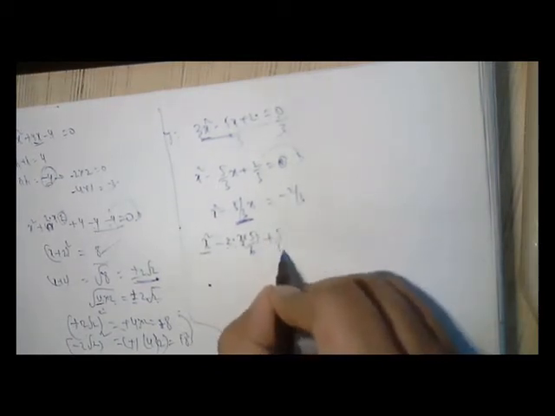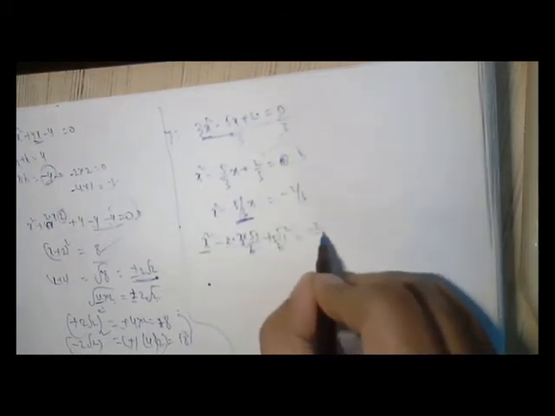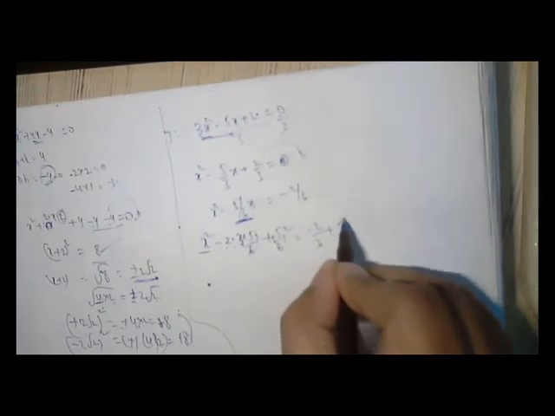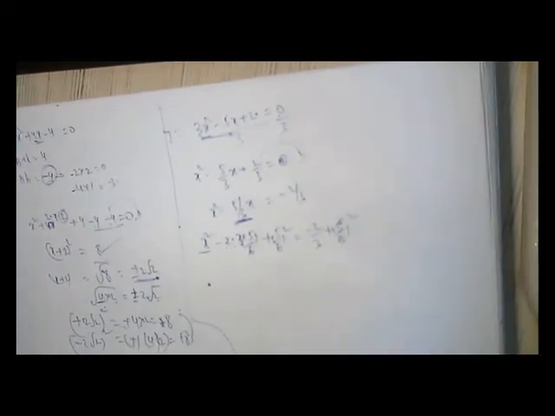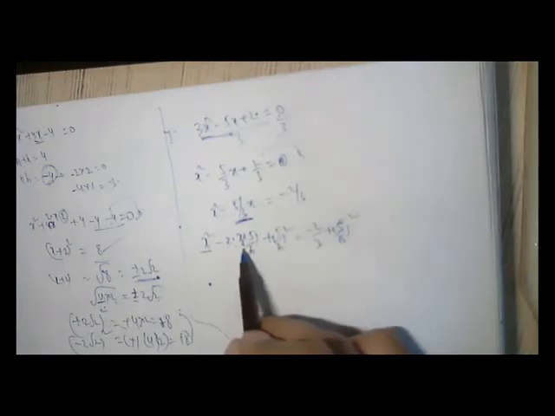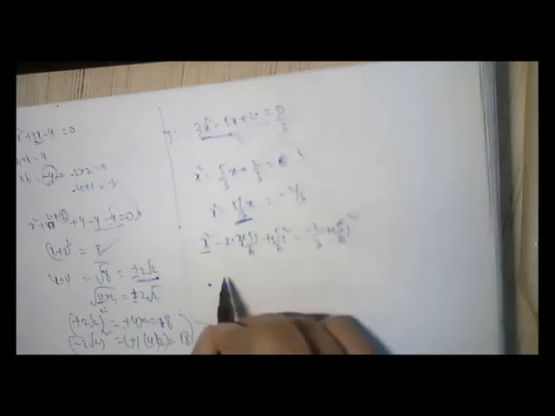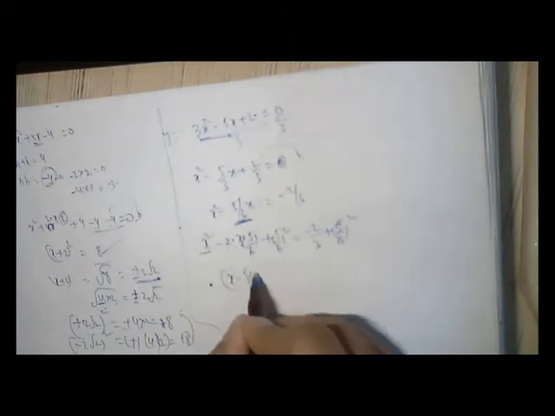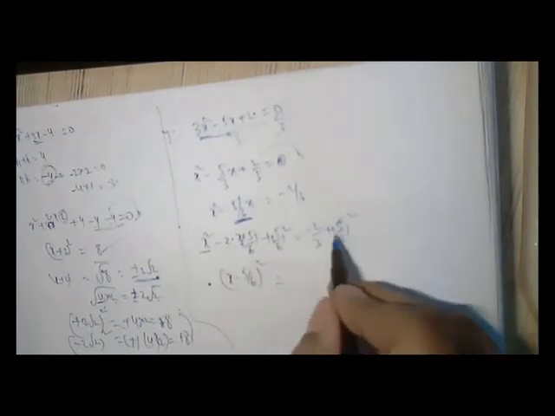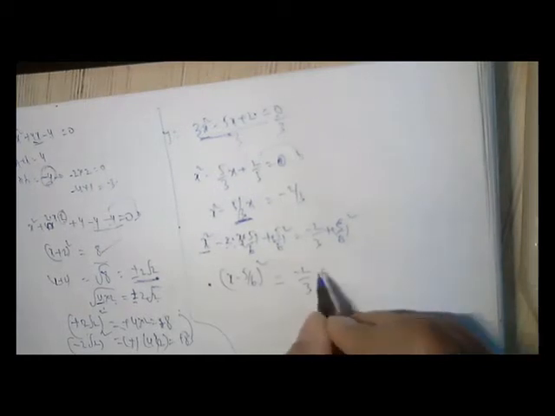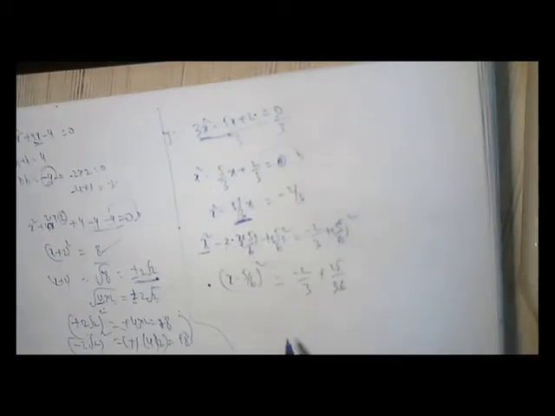So I'm adding b square on both sides, so that it becomes a minus b whole square. This is the b square I have added on both sides. Now this becomes x minus 5 by 6 whole square is equal to minus 2 by 3 plus 25 by 36.